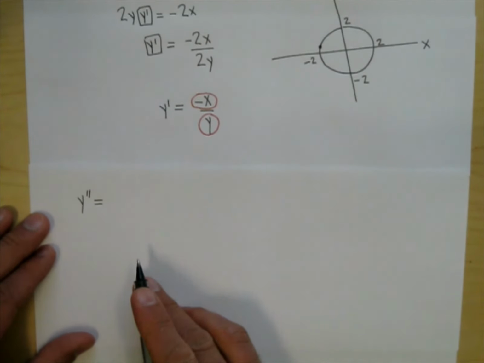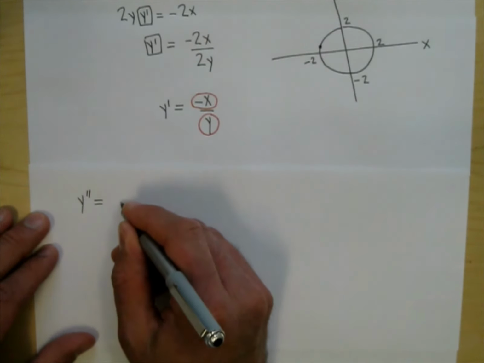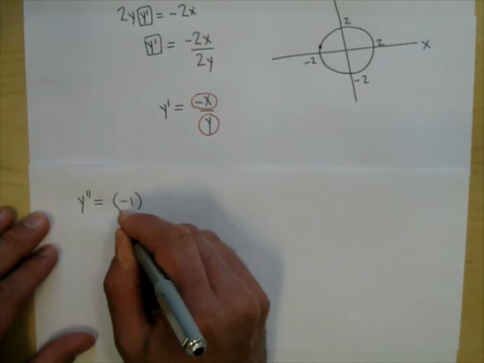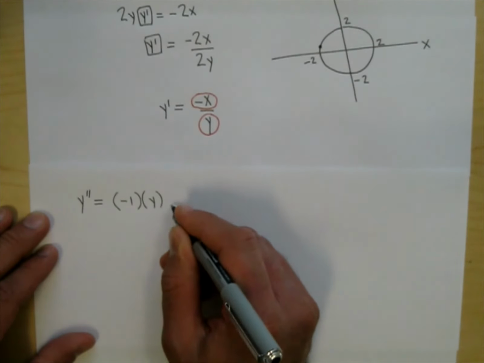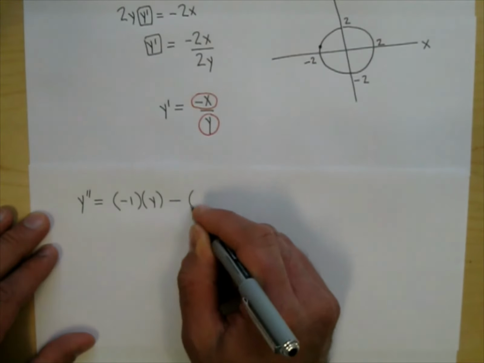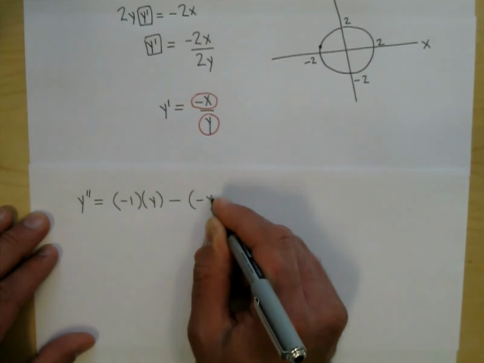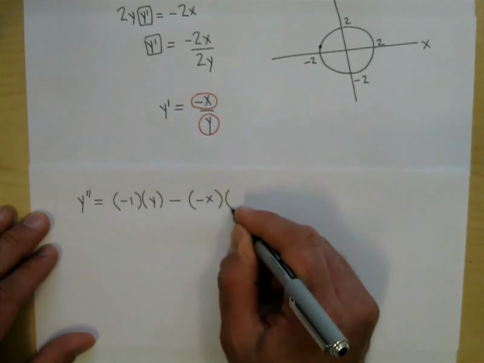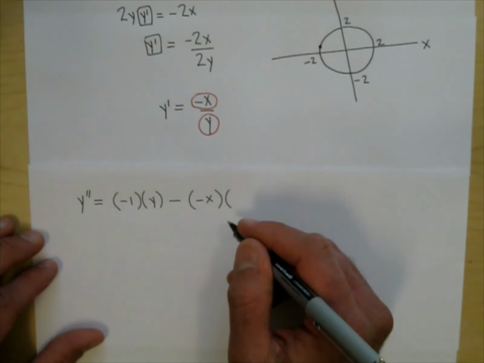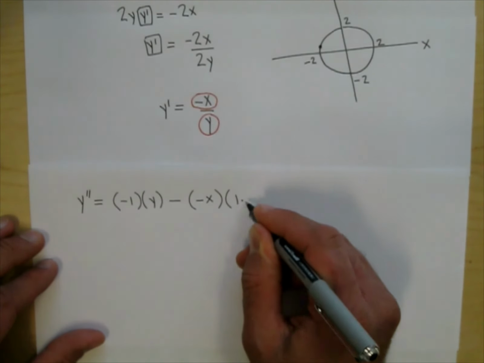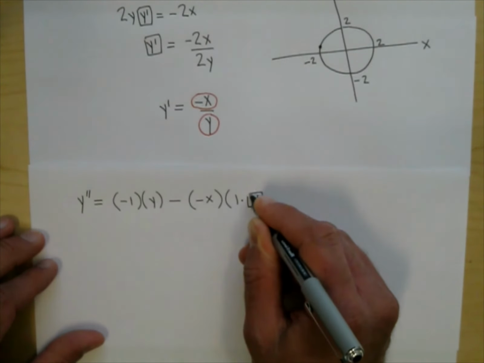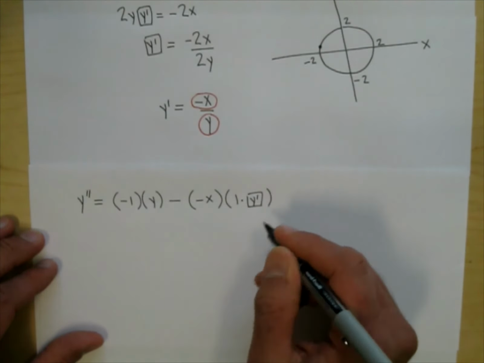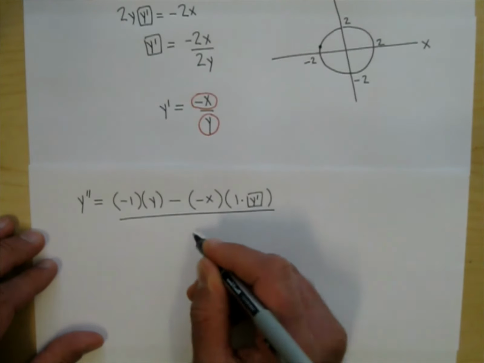The quotient rule says the derivative of the top, minus 1, times the bottom, y. And then we have minus the top, negative x, times the derivative of the bottom. The derivative of y is 1, and then put your y prime there. Don't want to lose it, so I just box it. This is all over the bottom squared.